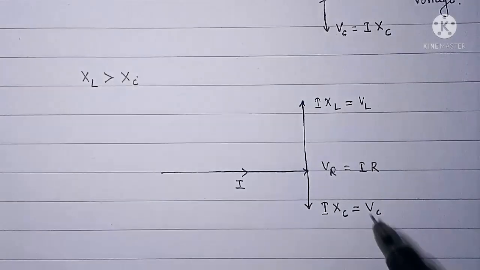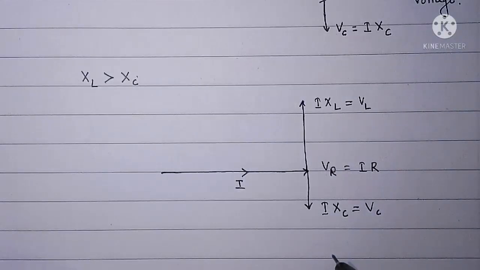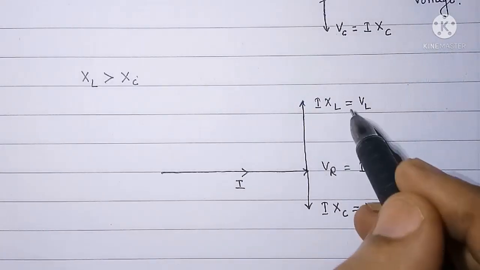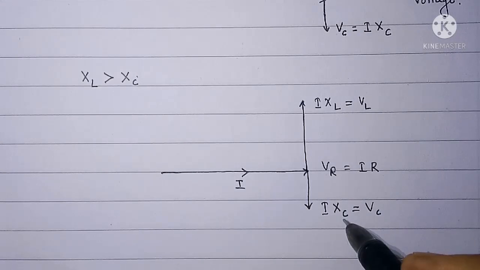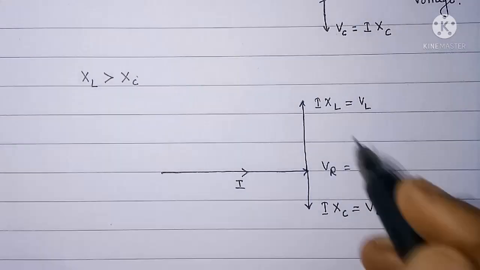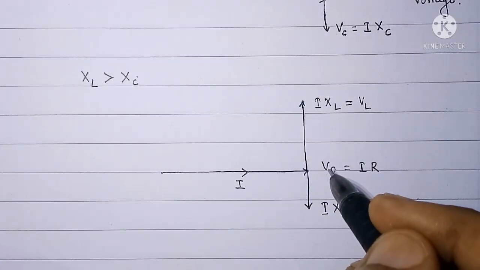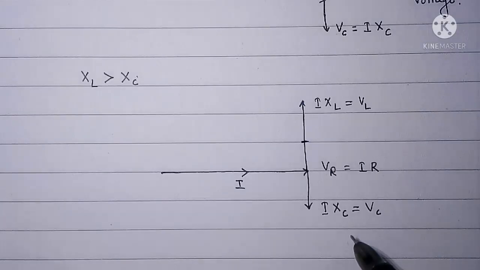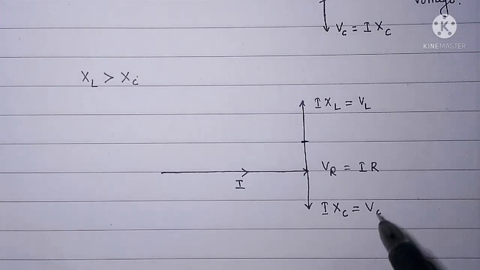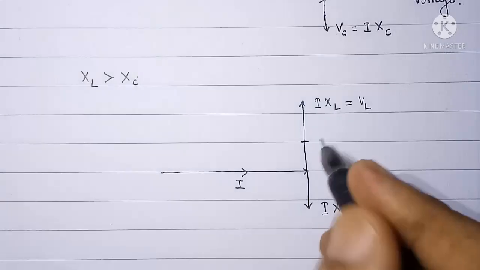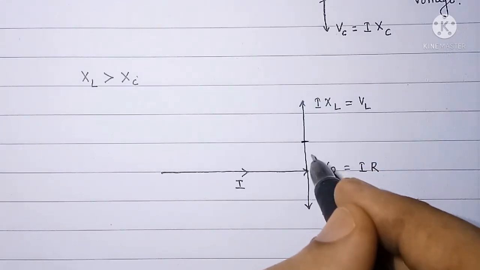Directions of VL and VC are opposite, but magnitudes are not equal. Therefore, IXL minus IXC or VL minus VC will not be equal to 0 in this case. If I subtract VC from VL, say I get this difference.